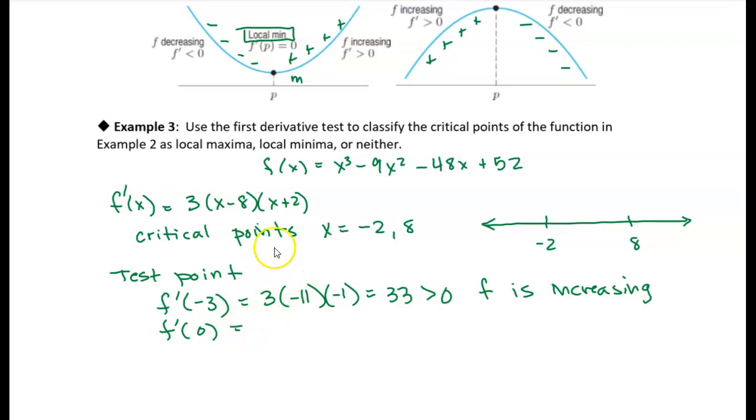Plugging 0 into the derivative, I take 3 times (0 minus 8), which is negative 8, times (0 plus 2), which is 2, and I get negative 48. That is obviously less than 0, so this is telling me that f is decreasing.